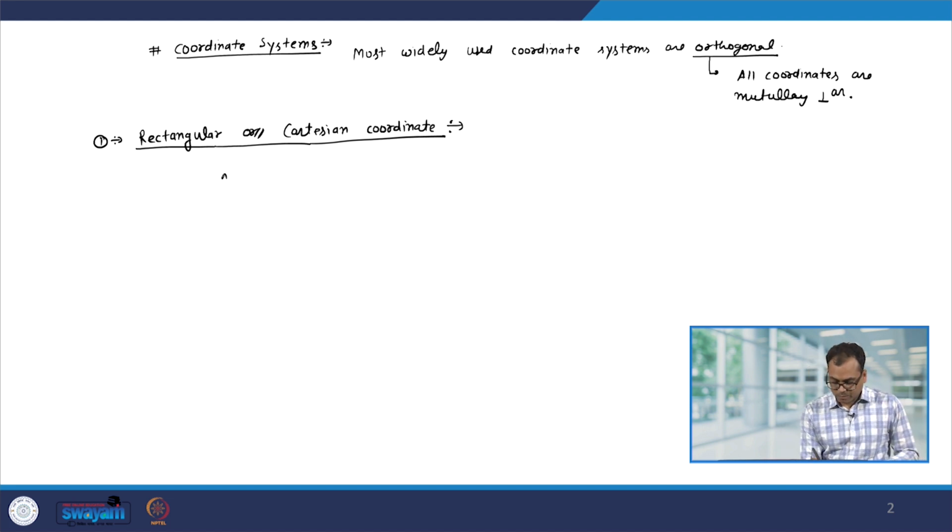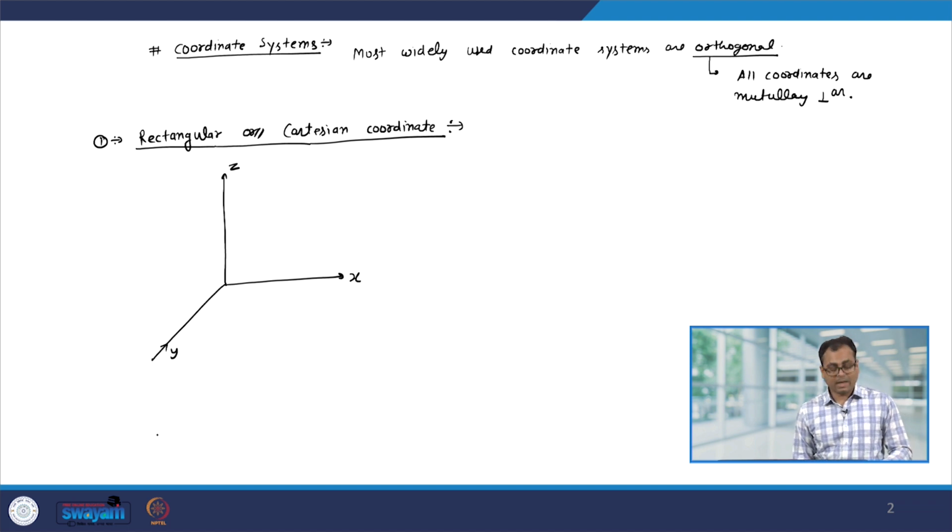Okay. So, as all of us know, in Cartesian coordinate the axes are x axis, y axis and z axis, and the position vector of, let us say, a particle is moving, and let us say the position vector of a particle at some instant is r, and let us say this point is P. Now, along the x, y and z direction you can take the unit vector.